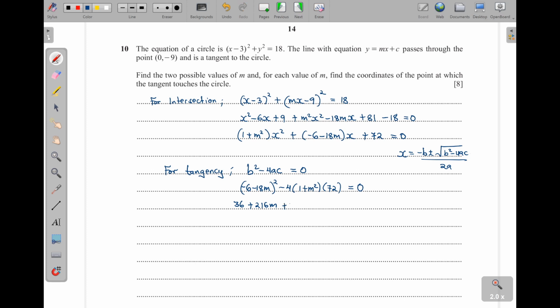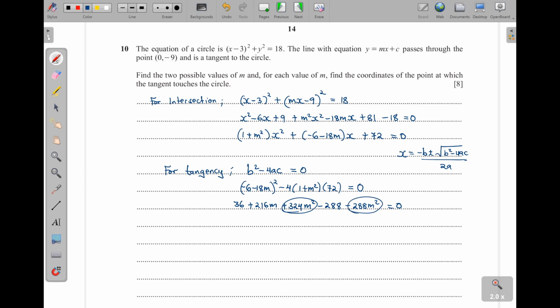So plus 324 m squared. Then 72 times 4, that is 288. So minus 288, and again you multiply it by m squared, that will be minus 288 m squared, which is equal to 0.